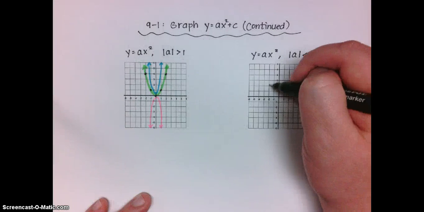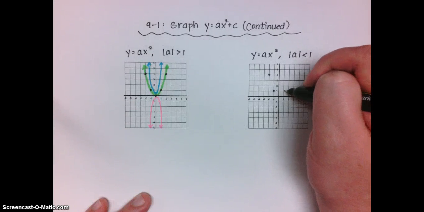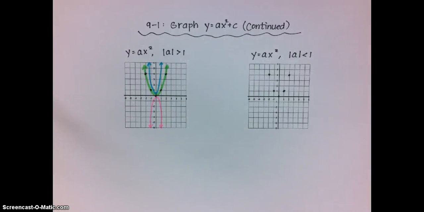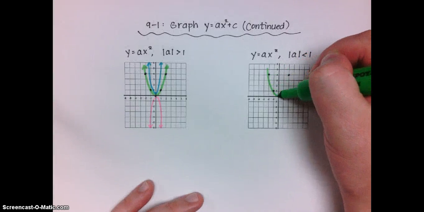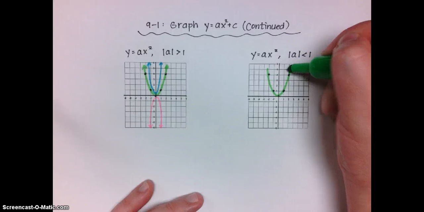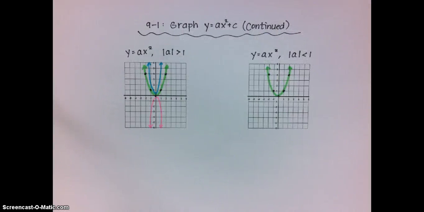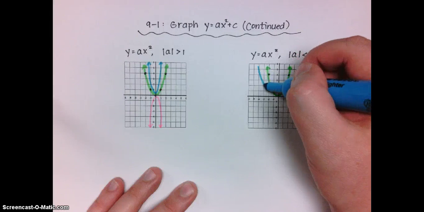So again, if we had our parent quadratic function, I'm going to plot those points for you. This is just a reminder. Now it looked like this. Very nice U-shape. But when we graphed ones with that fraction, we learned that it was typically much wider.